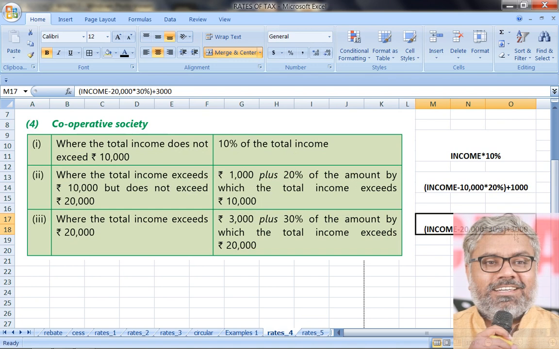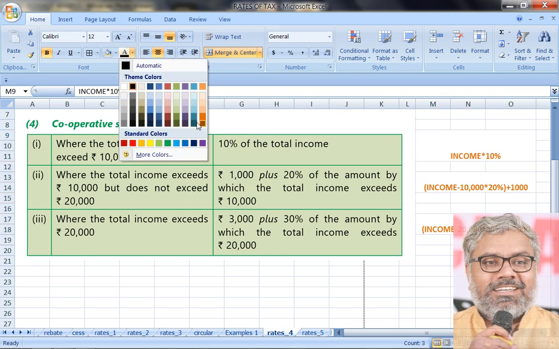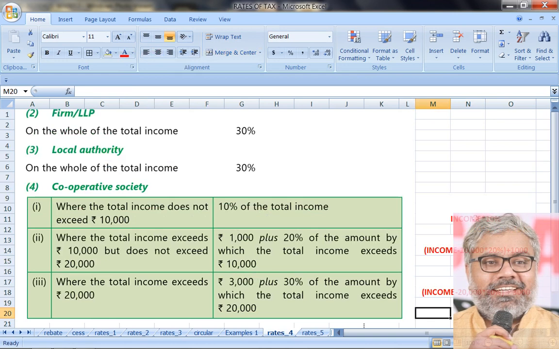First slab has an income tax of 1,000, second slab has an income tax of 2,000. Put together, 3,000 is there to be added to this slab of 30%, which is calculated on the income exceeding 20,000 rupees.